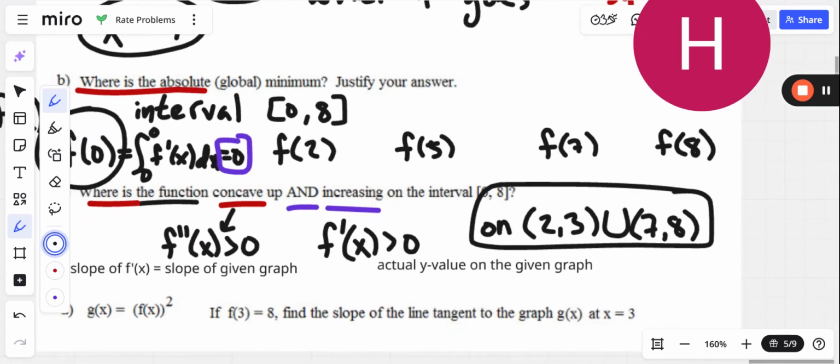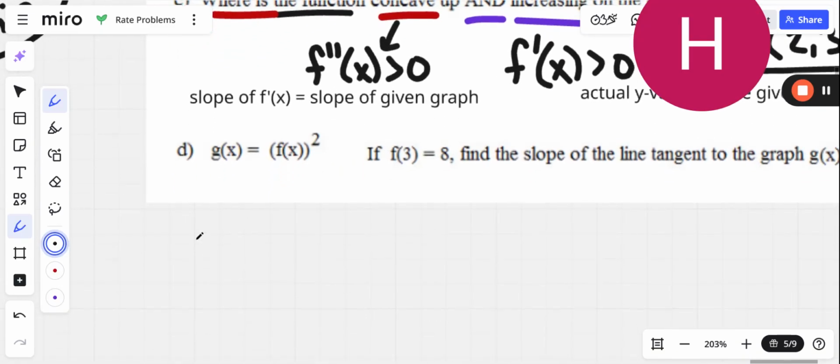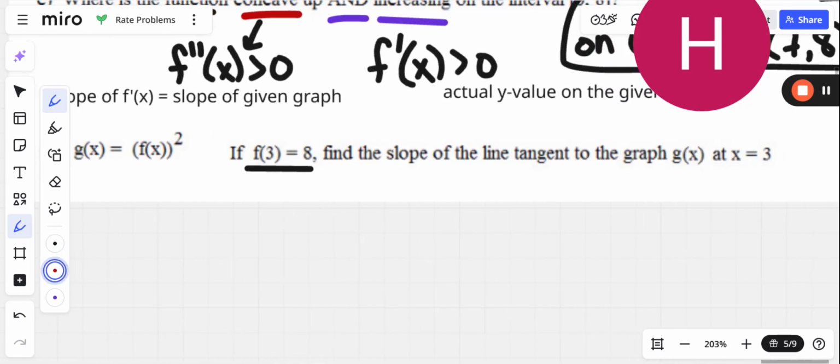Okay, now the more involved part of this problem, where you have to actually do a little bit of calculus. It says g of x is f of x squared, and they give us the initial condition f of 3 equals 8. They want us to find the slope of the tangent line, just the slope of the tangent line, at this value. So you don't have to write the equation of the tangent line, y minus y value equals m times x minus x value.